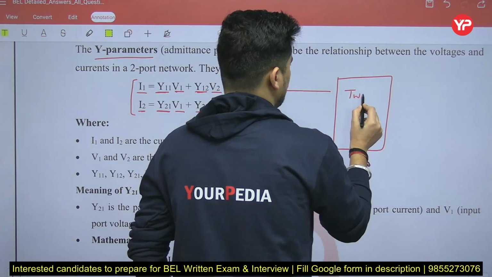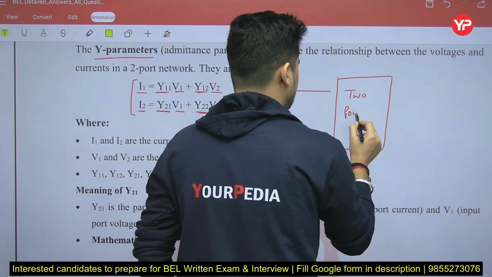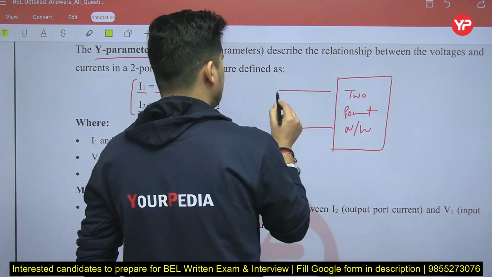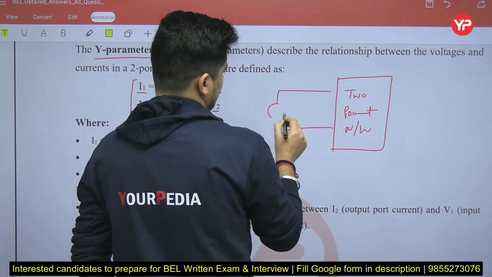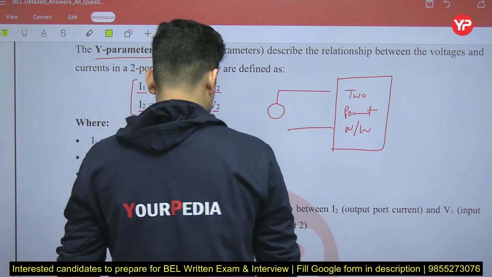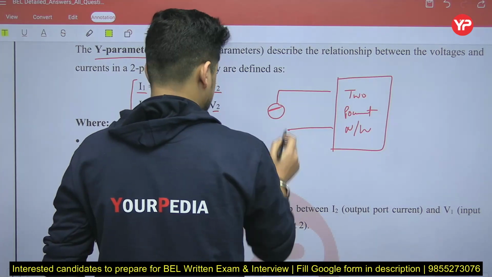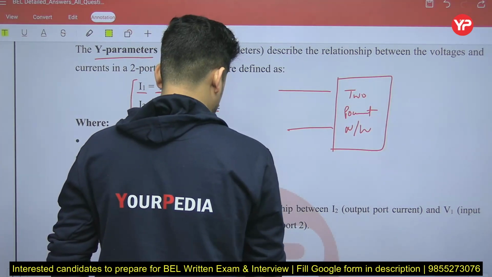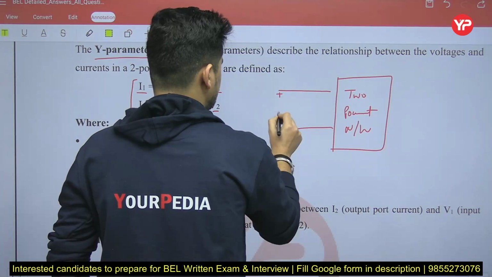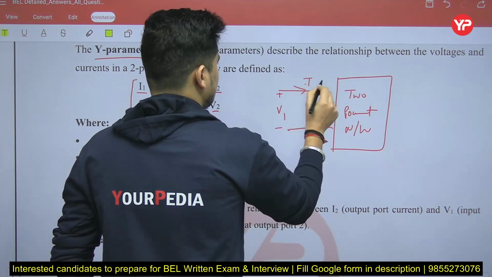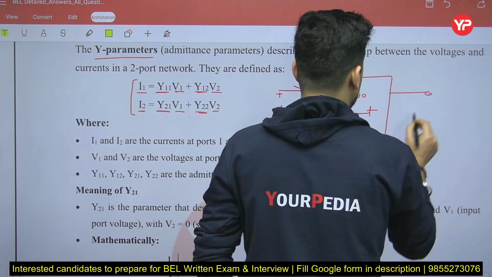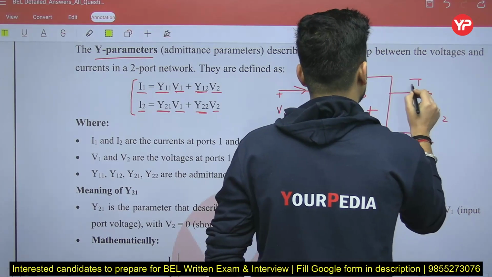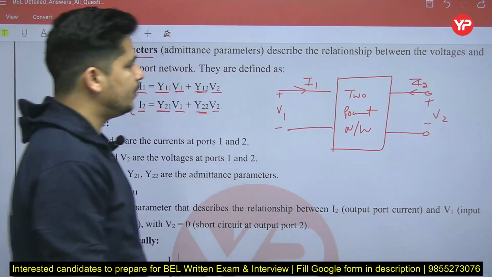We have a system like this, a two-port network. V1 is the voltage here, I1 is the current entering this, and similarly V2 is the voltage here, I2 is the current entering this two-port network.